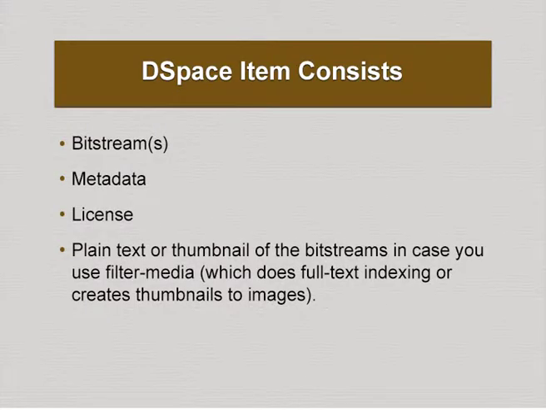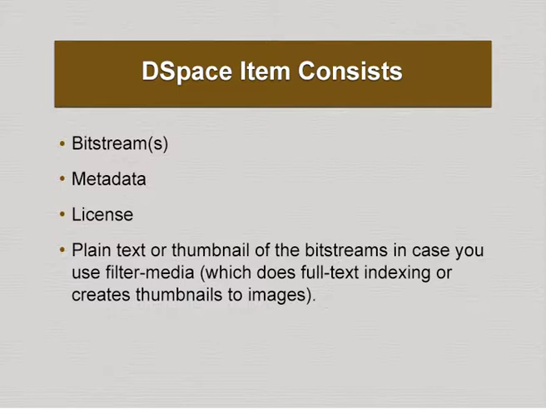Then a DSpace item consists of bit streams, metadata, license, and sometimes a plain text file. For example, if you have uploaded a PDF file, you can generate a full text index of that PDF file, provided the PDF file is not images of the pages, but is converted into text using some OCR, or is even a born digital document.